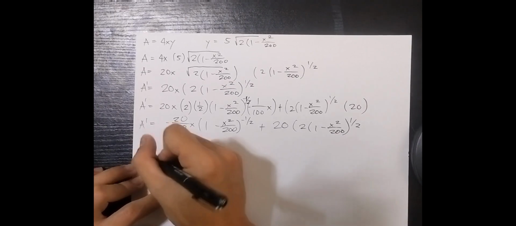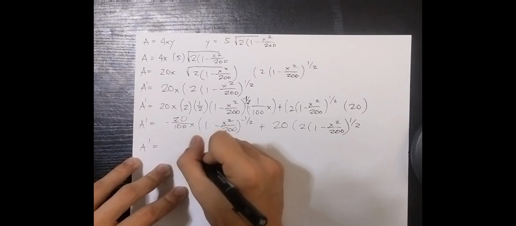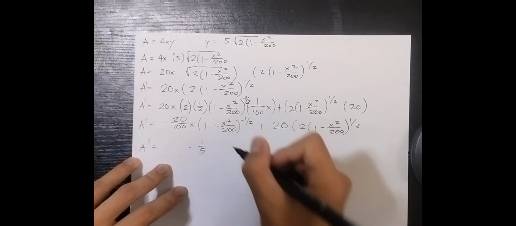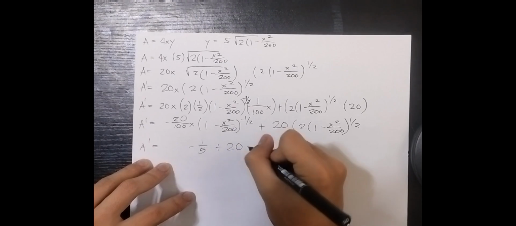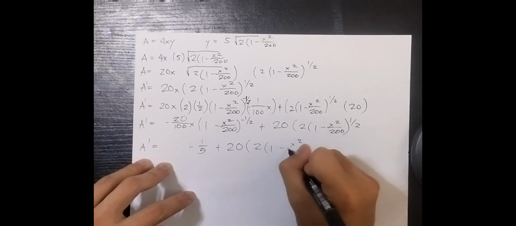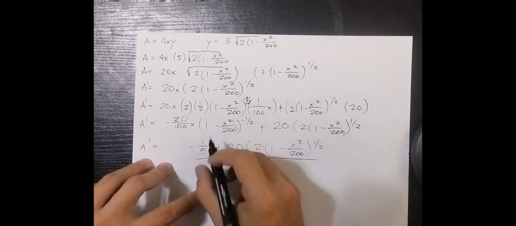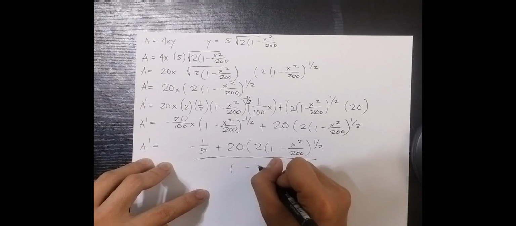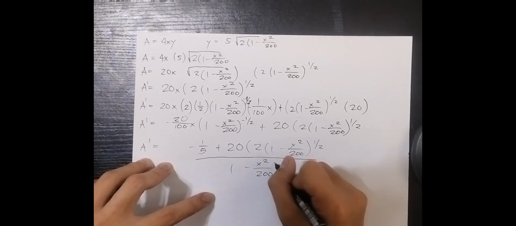Simplify this. A prime is equal to negative 1 over 5 plus 20, 2 multiplied by 1 minus x squared over 200 raised to 1 half over 1 minus x squared over 200 raised to 1 half.